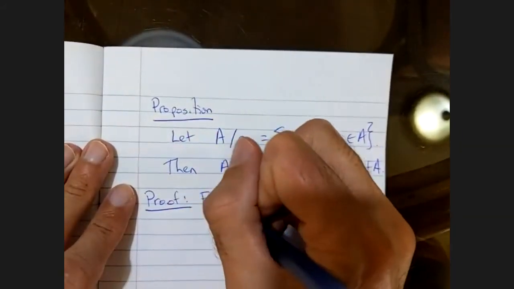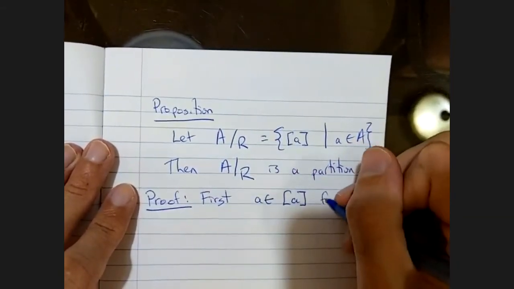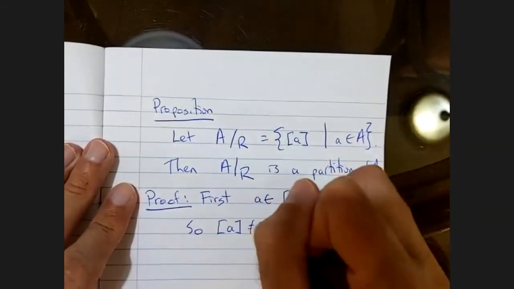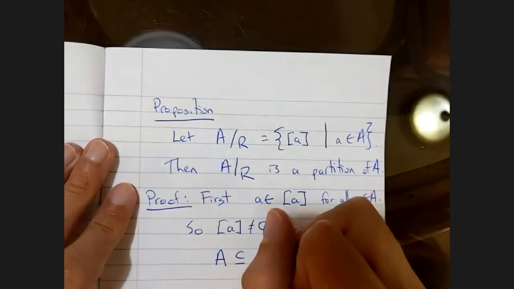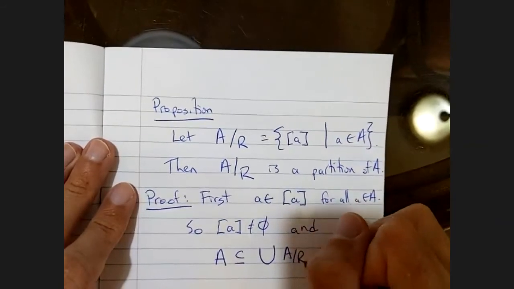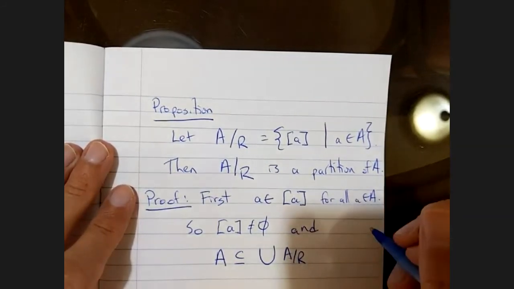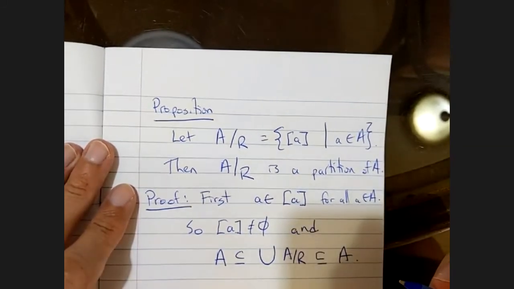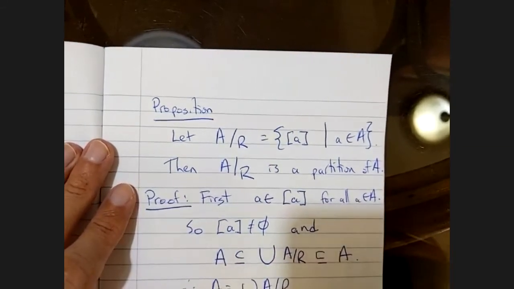First, A is an element of the equivalence class of A for all A. What that tells us is that each equivalence class is non-empty. A is a subset of the union of all the equivalence classes. And of course, each equivalence class is a subset of A, which tells us that A is equal to the union of all the equivalence classes.